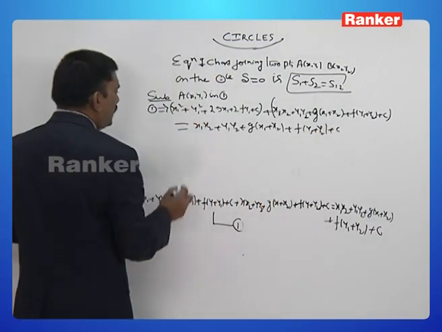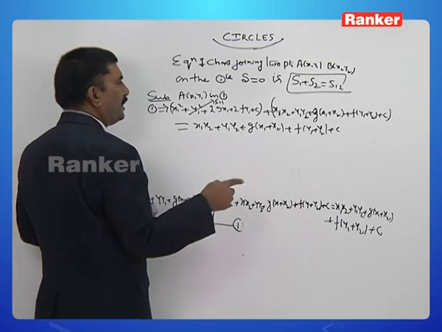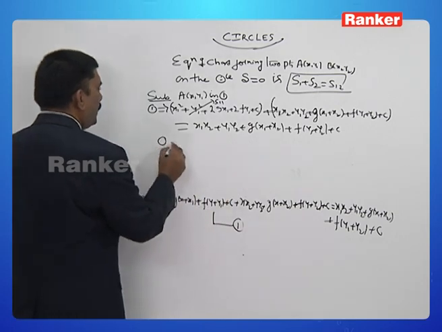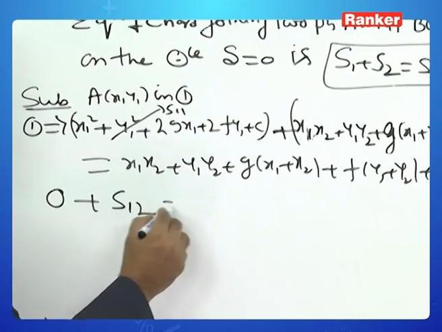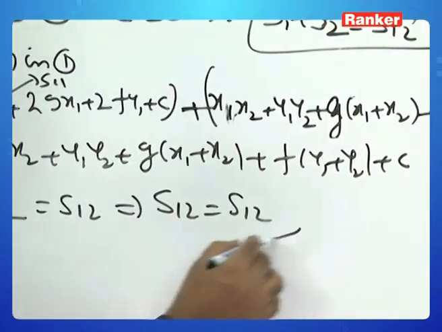Since the first bracket is nothing but S11, and we know S11 is equal to 0, therefore 0 plus S12 is equal to S12, which implies S12 is equal to S12.